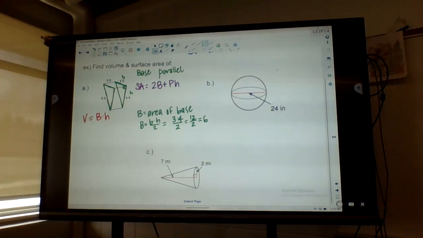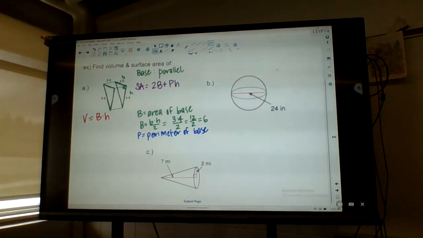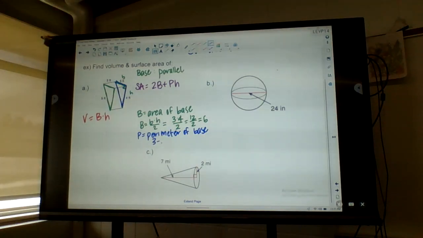Now the capital P is the perimeter of the base, which is just the distance around this shape. So that's going to be 3 plus 4 plus 5, so 12.